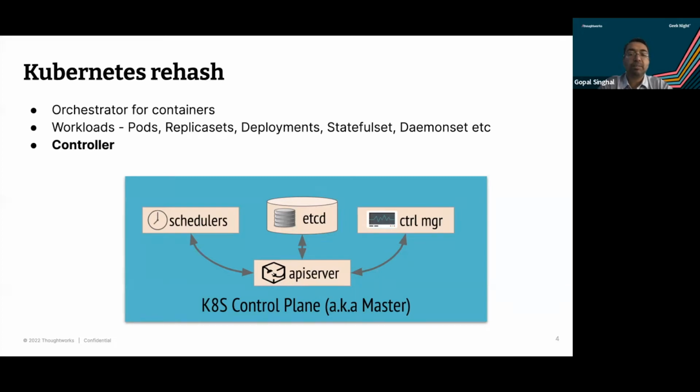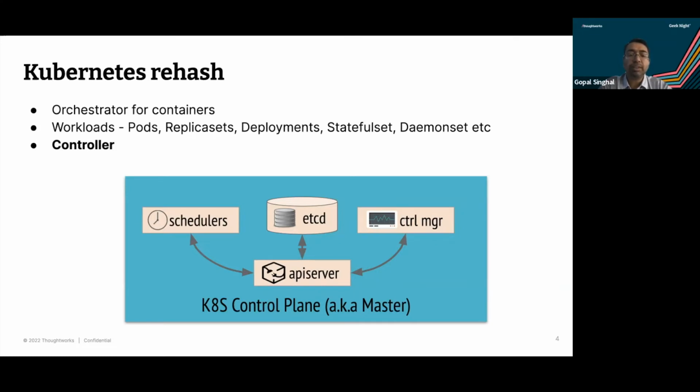Whenever there is a request to the API server for a workload, it gets stored in etcd. And then the controller manager checks if there are any differences between the desired state and the current state. Then it identifies that and tries to bridge that gap.